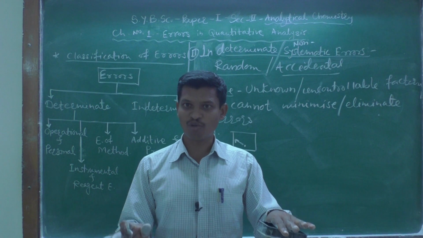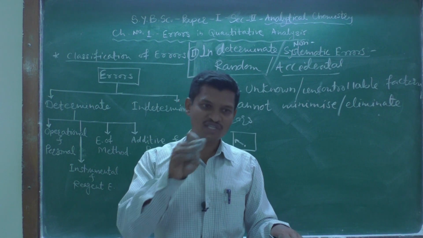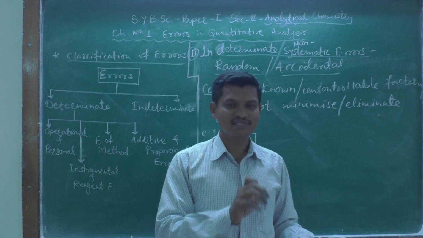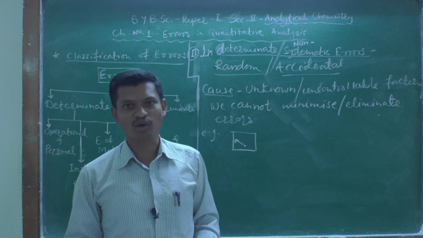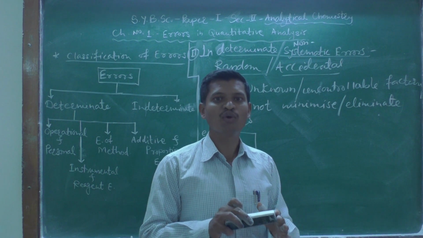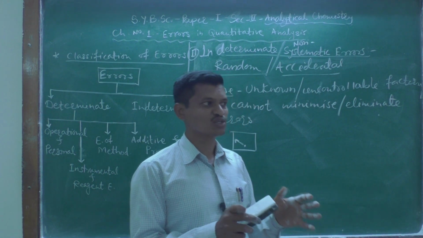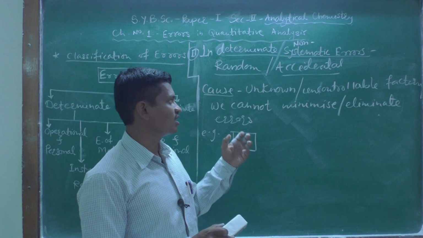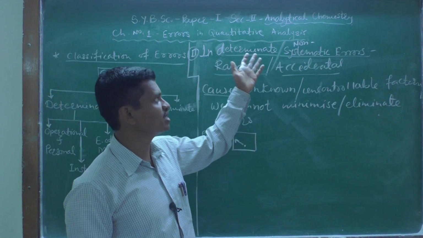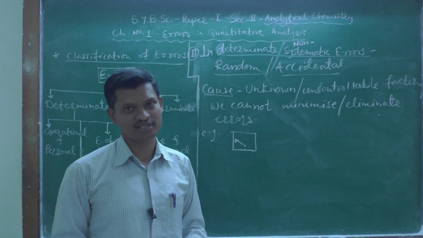It is not balancing properly. So when we take measurements or weighing on these balances, we get wrong results. We have no control on such errors. So that's why these errors are called accidental or random or indeterminate or non-systematic errors.